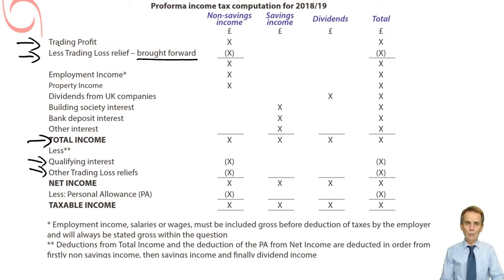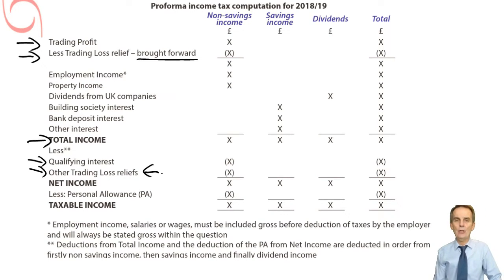The other loss reliefs, which, don't worry, chapter 7, we've got a complete chapter dealing with loss reliefs, will tell us about the nature of them. But the other trading loss reliefs are down here. Now, those other trading loss reliefs basically allow you to use the loss earlier rather than merely having to carry it forward to the future.